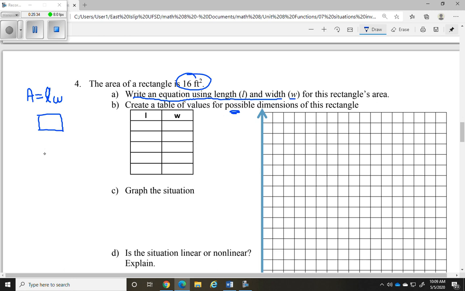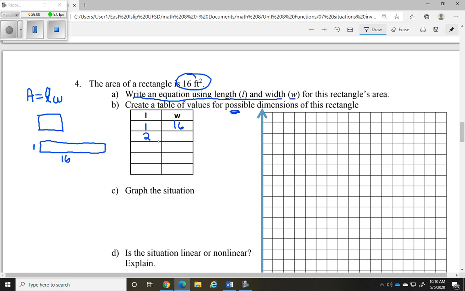You might be thinking 4 times 4. You might be thinking 2 times 8. How about even 1 times 16? So why don't we use some of those numbers? What if the length was 1 and the width was 16? Wouldn't this skinny long rectangle of a length of 1 and a width of 16 give me an area of 16? It would.